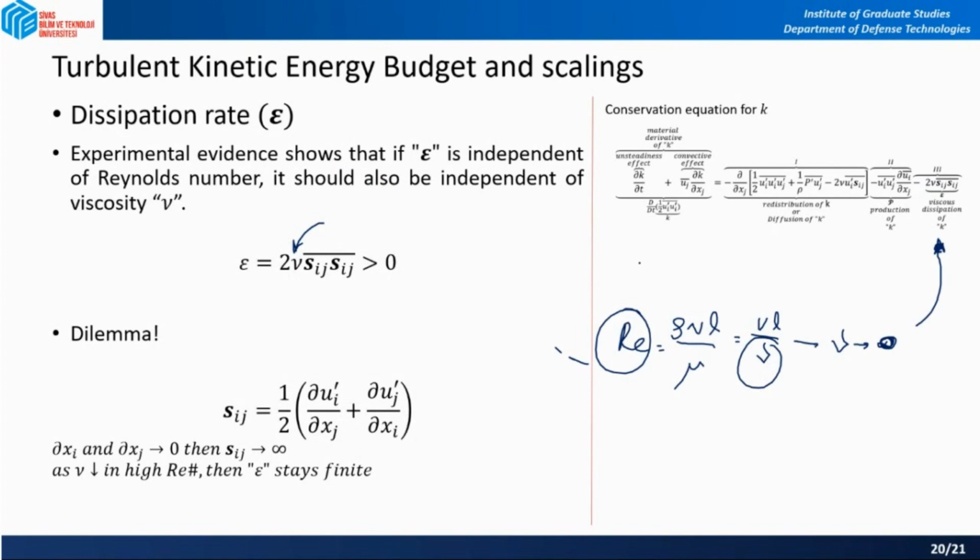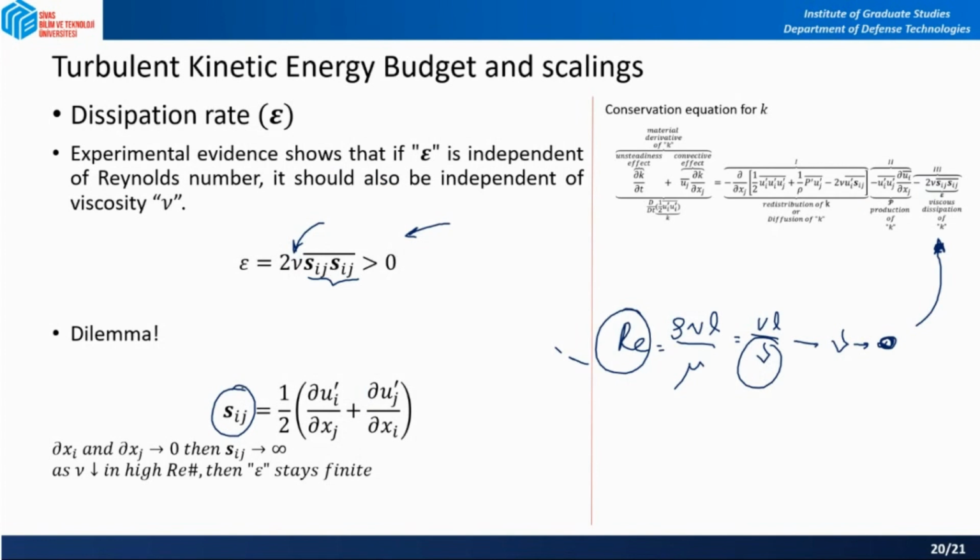So let's look at this equation. From this equation, it's evident that in this condition something should happen to these two, right? Because epsilon could remain at a finite value. And if you remember, this Sij, small s_ij, was like this. So how can Sij go to very, very high values?